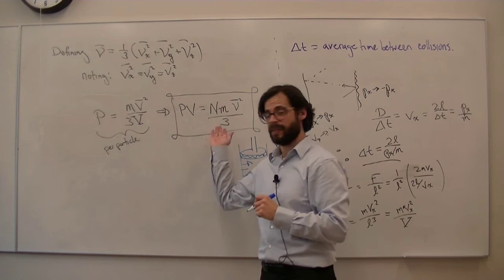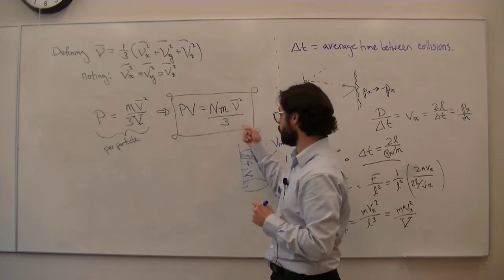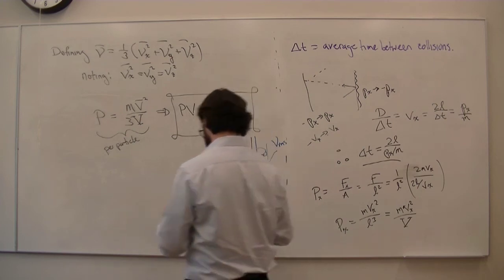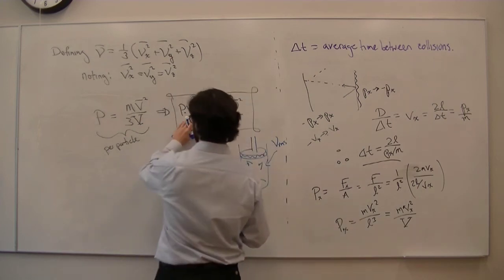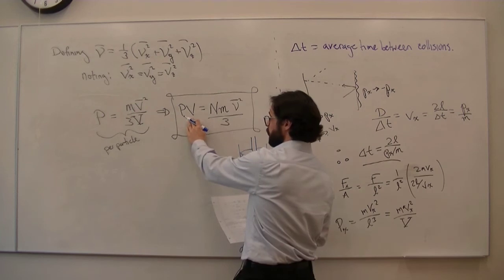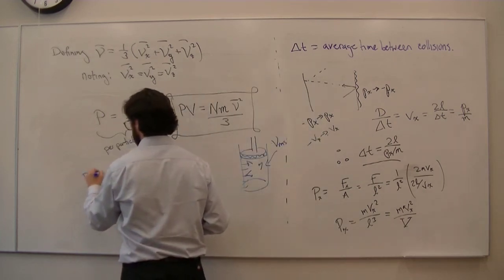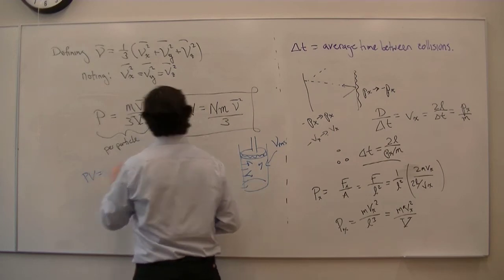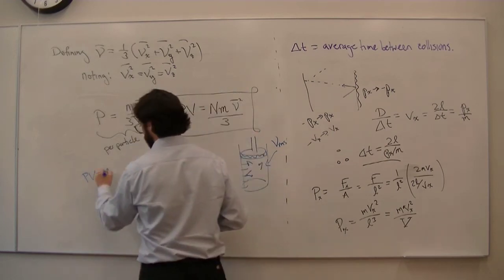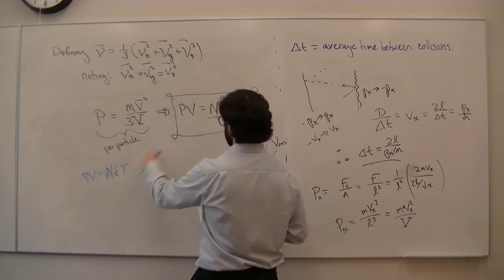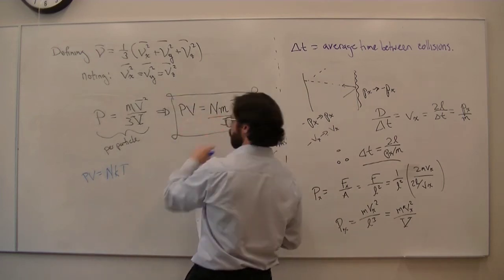So that's neat. So the first thing is we can use P and V to reach inside and say things about, well, how fast is an air molecule moving? The second thing we can do is that this is the left-hand side of the ideal gas law. And we also know that PV equals, so we've got N particles, so I'll use the NkT version. Well, PV equals NkT, PV equals Nm v squared over 3.